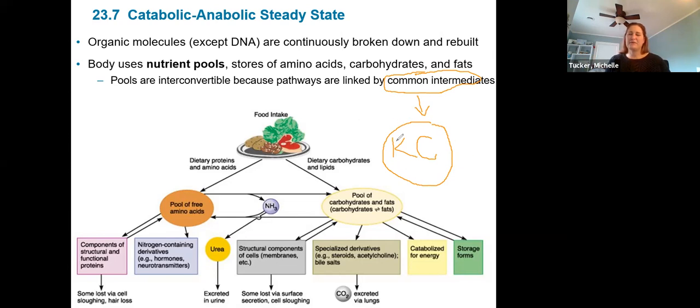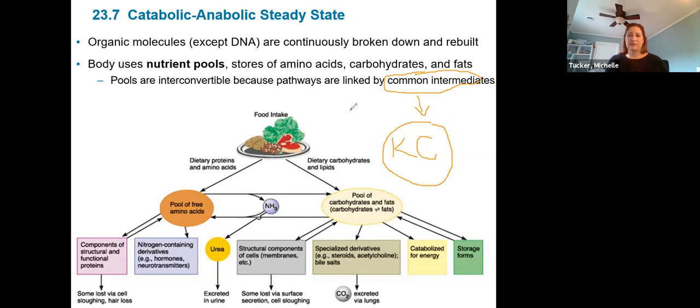So most of these reactions are reversible. There are a handful that aren't, but for the sake of simplicity, the vast majority of these reactions are reversible. So if we have glucose feeding in, and we also can have fatty acids feeding in, it means that we can have glucose feeding in and then back out to fatty acids.